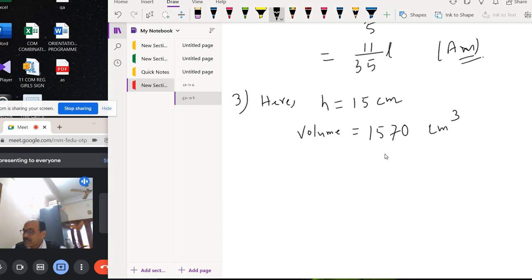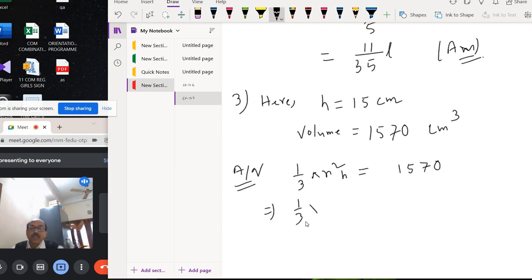We know the formula of the volume: 1/3 pi r square h equal to 1570.